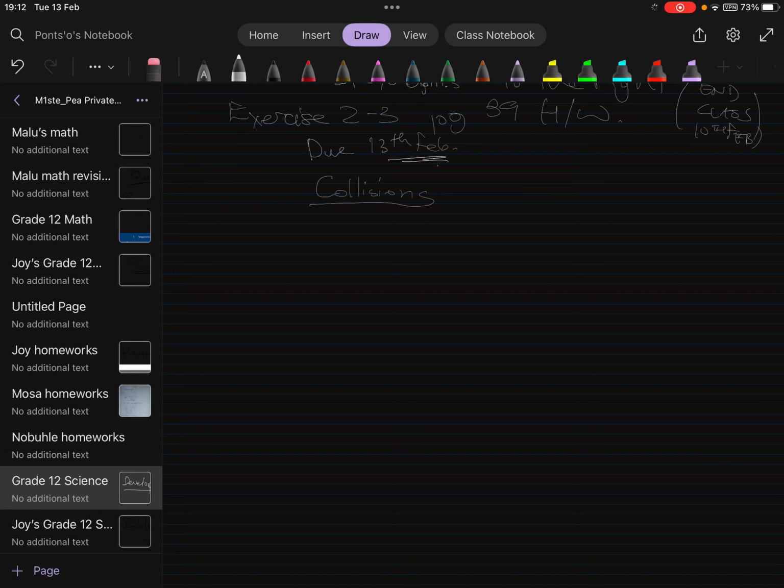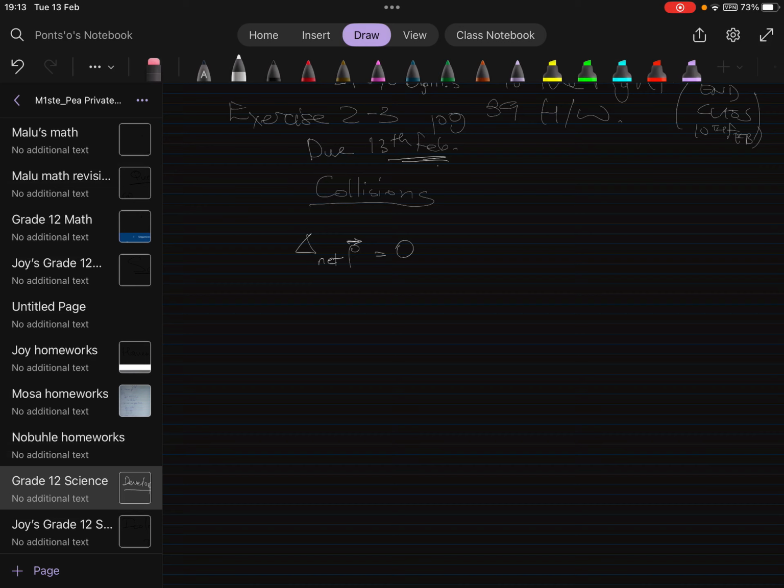The one thing that is described at the beginning of this part of the chapter is that the net change in momentum for an isolated system is 0.